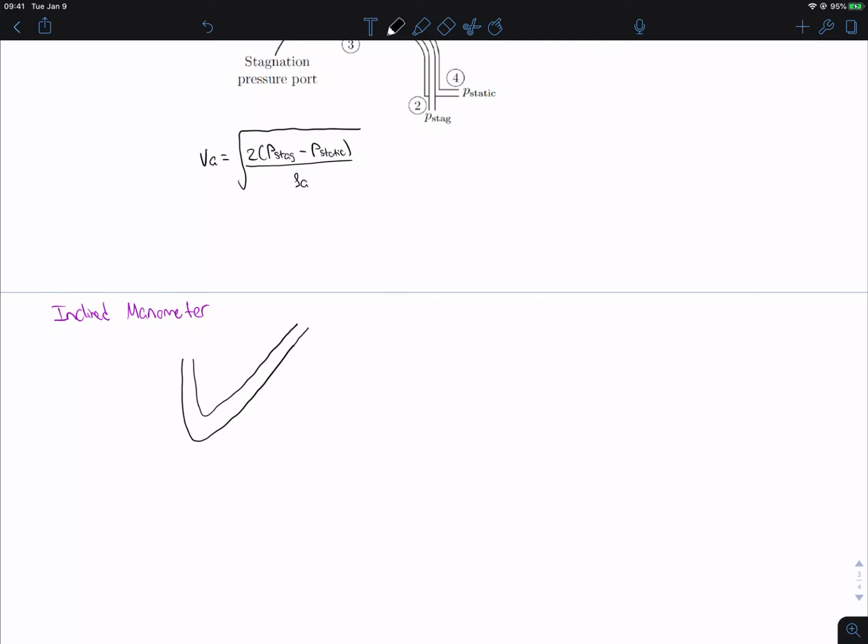Okay, so our manometer is going to look something like this, where we have P1 at station 1, and then we have P2 at station 2, and then this angle at the horizontal, that's going to be theta. If I fill this with some water and we get this height difference, that's going to be h.